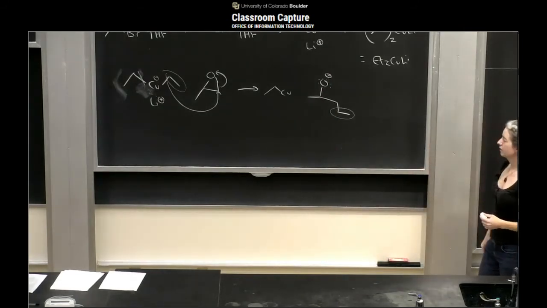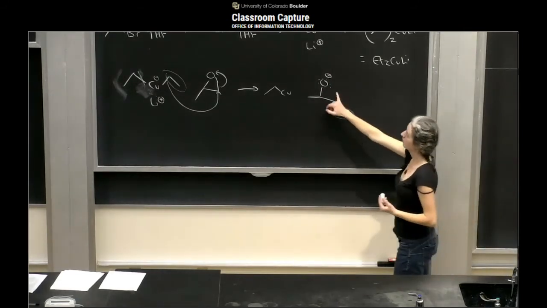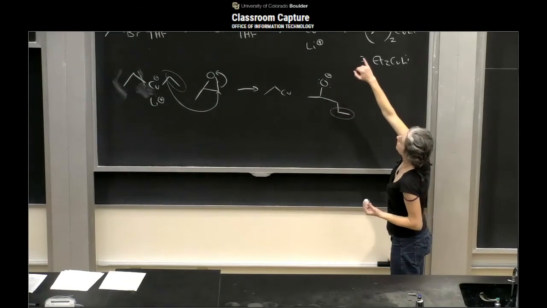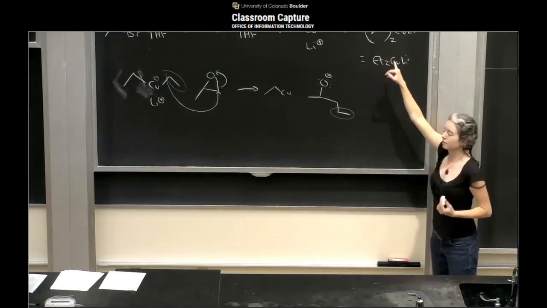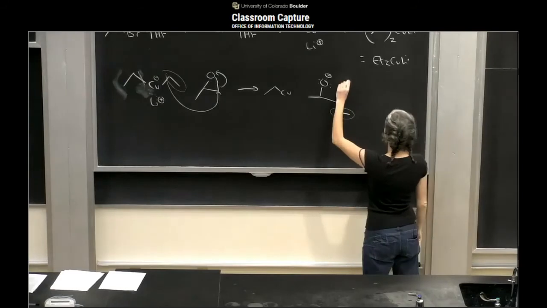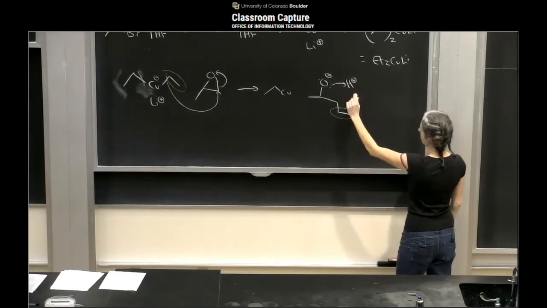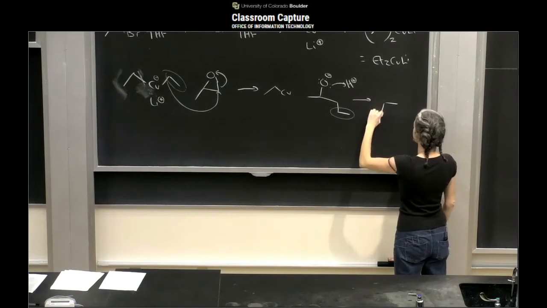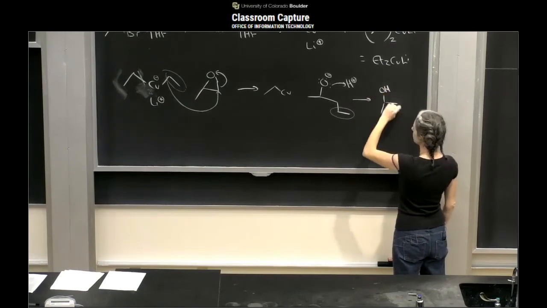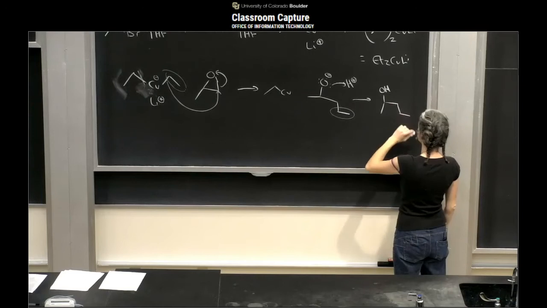Okay, so that gets us to here. And now at this point, we're going to do something similar to the regular basic conditions, where we have some sort of acid source, and that can go take a proton. All right, and there's some important warnings about that too that I'll cover in just a second here.